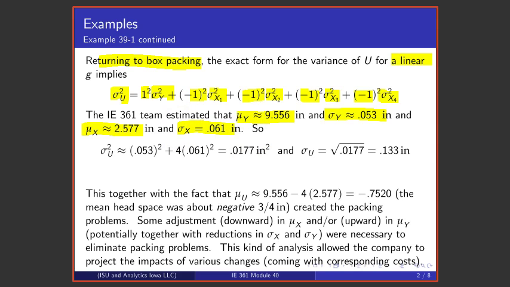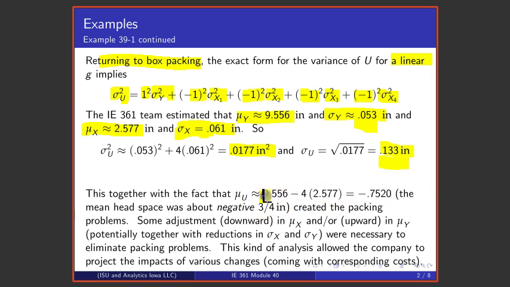So if one takes one of these squared and 4 of those squared, one gets a variance of about 0.0177 square inches, or a standard deviation for the headspace of around 0.13 inches. There's not much variation on any of those variables, the inside size of the carton or the size of the units of product, and so all combined, that's not much variation for a standard deviation on the headspace.